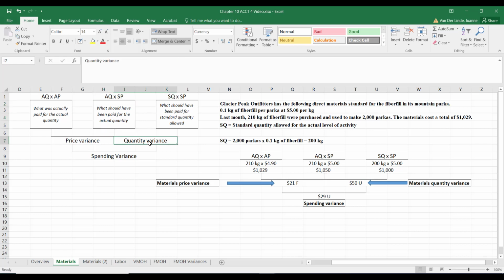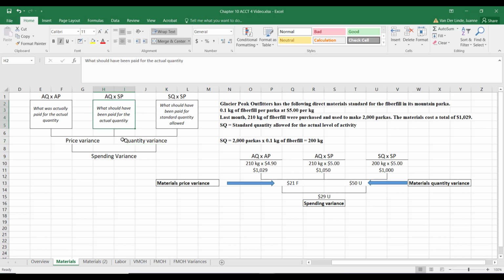Our quantity variance is where we compare what we actually used to what we should have used. Both of these use the standard price as the portion they have in common.